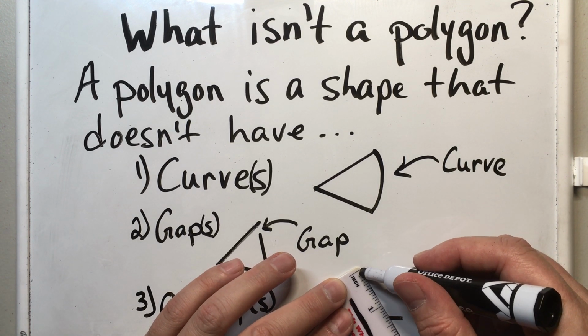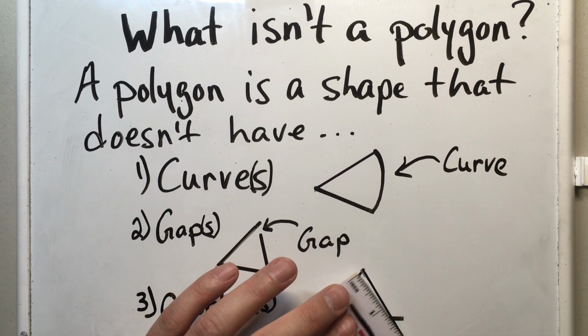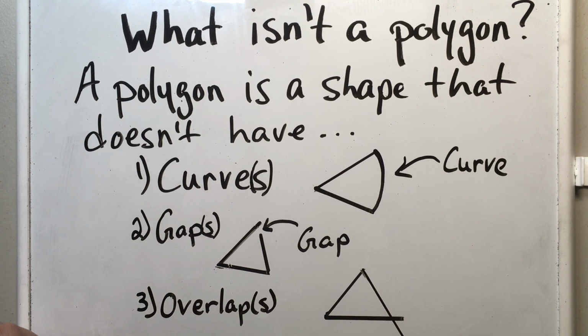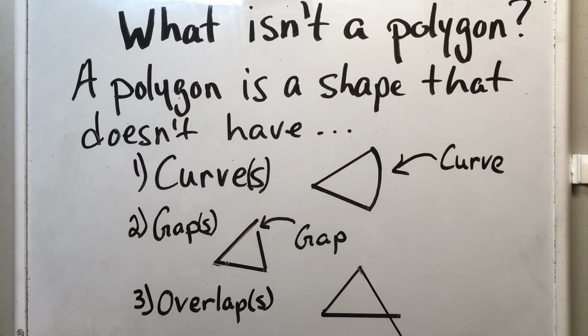I'm going to create an overlap now, see? Okay, so an overlap means that one of the sides extends through another side rather than meeting it at a point. Okay.